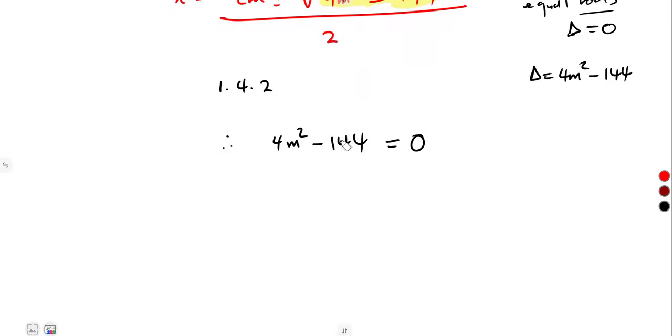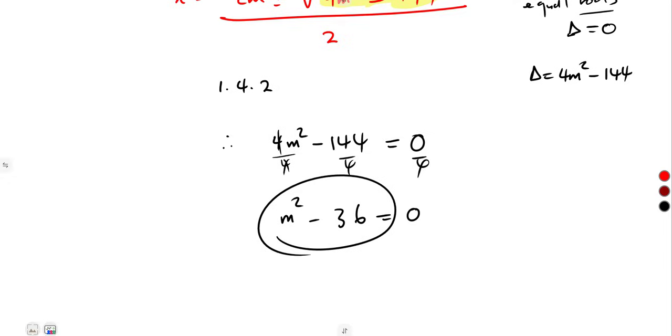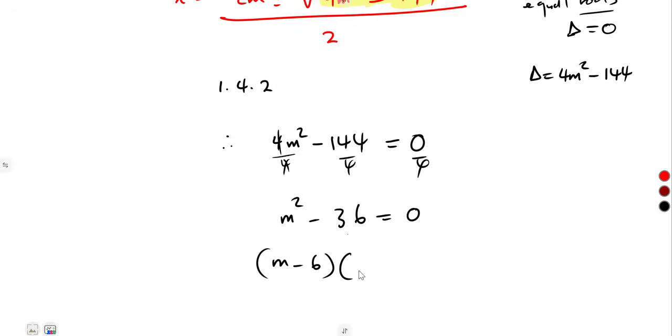There are so many ways that you can use. You can even reduce your equation. Just divide by 4: m squared minus 144 divided by 4, which is 36, is equal to 0. This is a difference of two squares. You can easily factorize using the square root of 36, that's 6. One subtracts, the other adds.